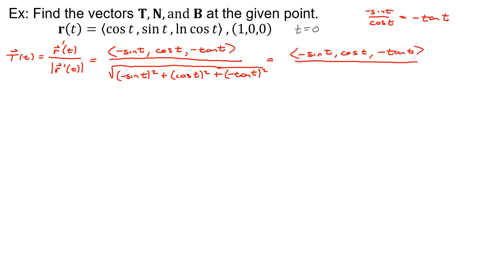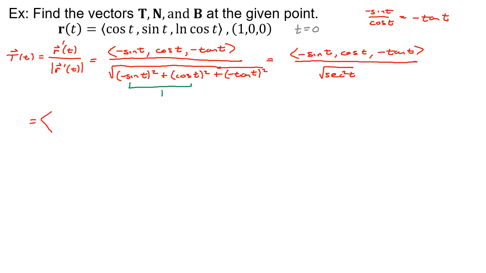On the bottom, what I'll end up with is sine squared plus cosine squared. These are 1. But then I'll end up with 1 plus tangent squared. So that 1 plus tangent squared gives me secant squared. Or, since I'm doing the square root of that, I'll just get secant.